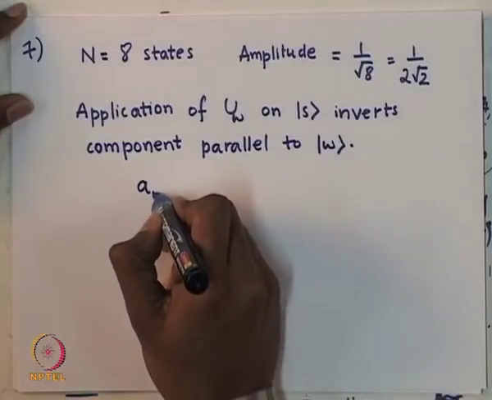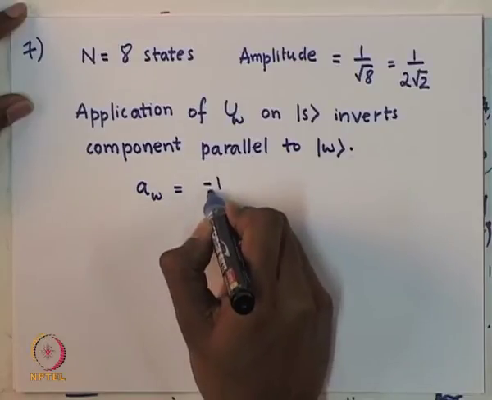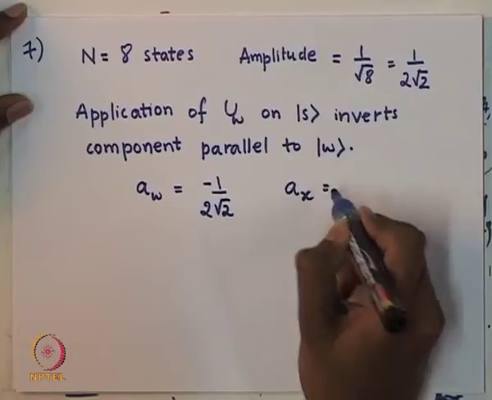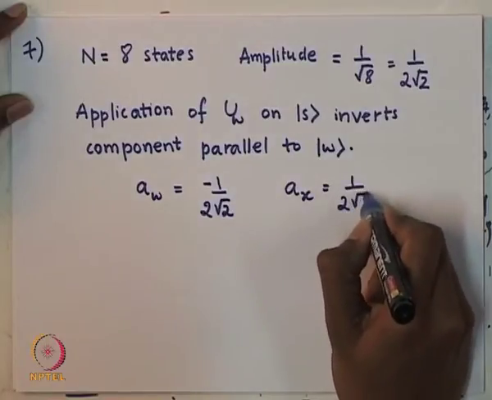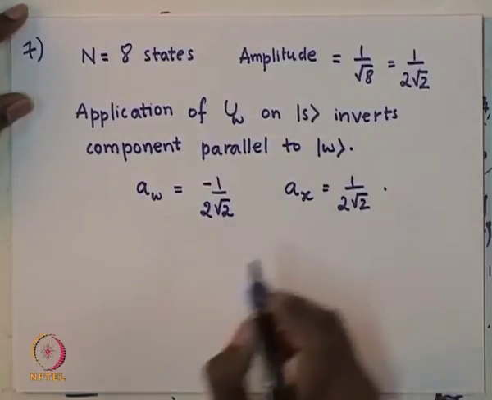So after this, we have the amplitude of the marked state as minus 1 by 2 root 2, and all other states have 1 by 2 times square root 2.